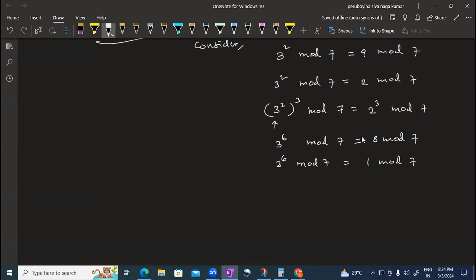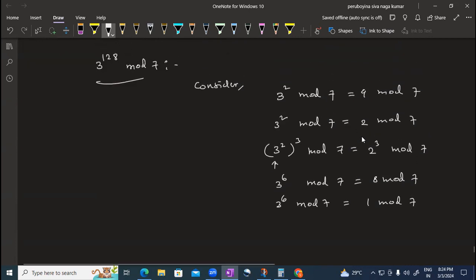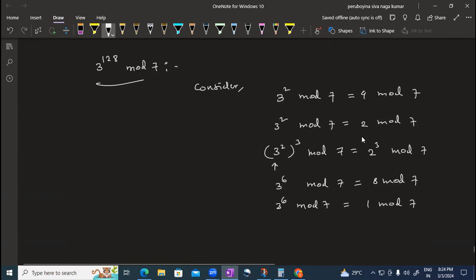So again I am trying to get 3 power 128, the nearest value to that.